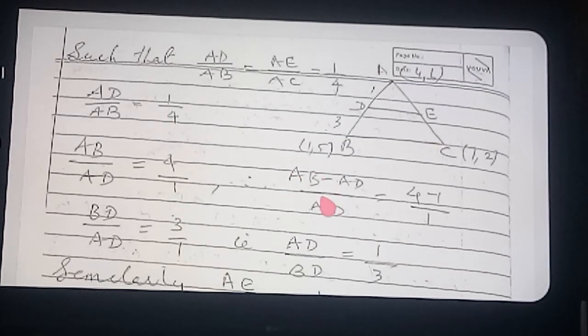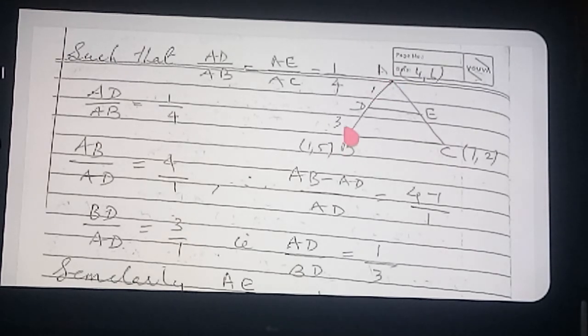Here I applied the dividendo law: AB minus AD by AD is the same as 4 minus 1 by 1. This law we call the dividendo law. And AB minus AD, what do we get? BD. Once more, see the diagram.